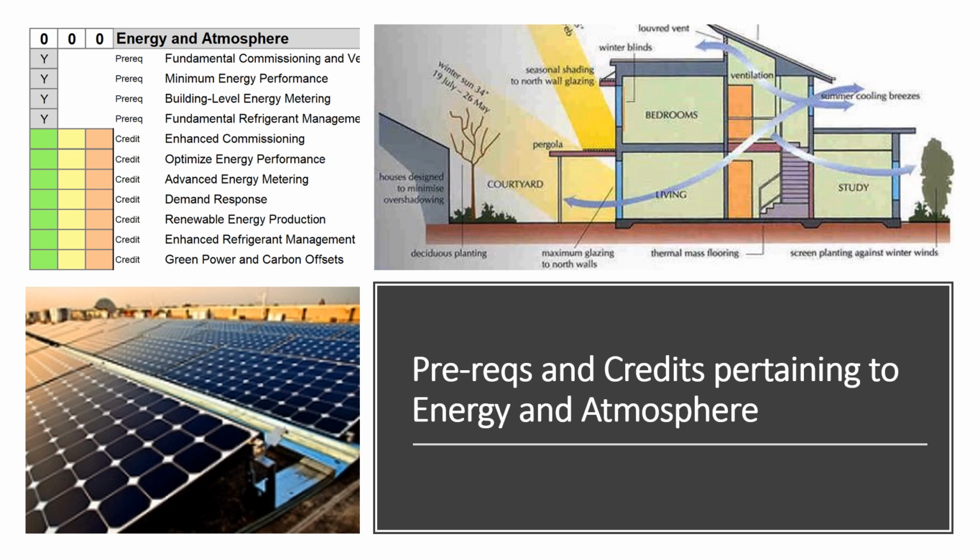The prereqs include fundamental commissioning, minimum energy performance, building level metering, and fundamental refrigerant management. The 7 credits include enhanced commissioning, optimizing energy performance, advanced energy metering, demand response, renewable energy production, enhanced refrigerant management, and green power.